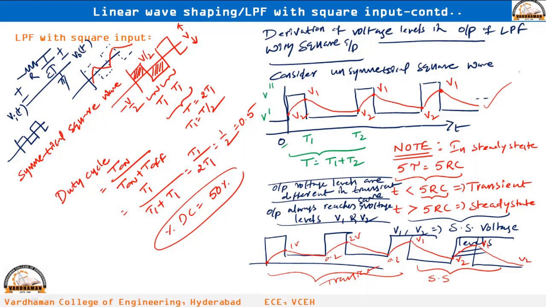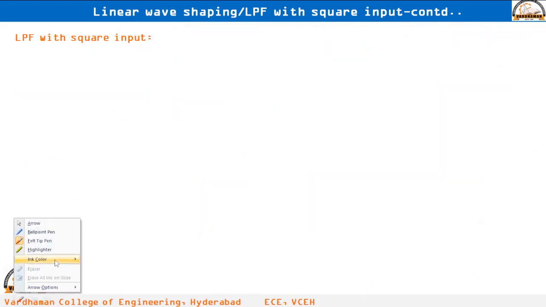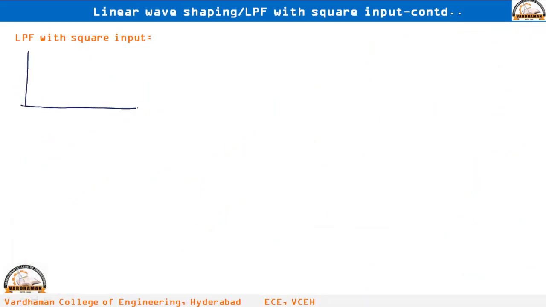So again I need this particular output wave, so I am drawing it here. See carefully. This is the input we have taken.